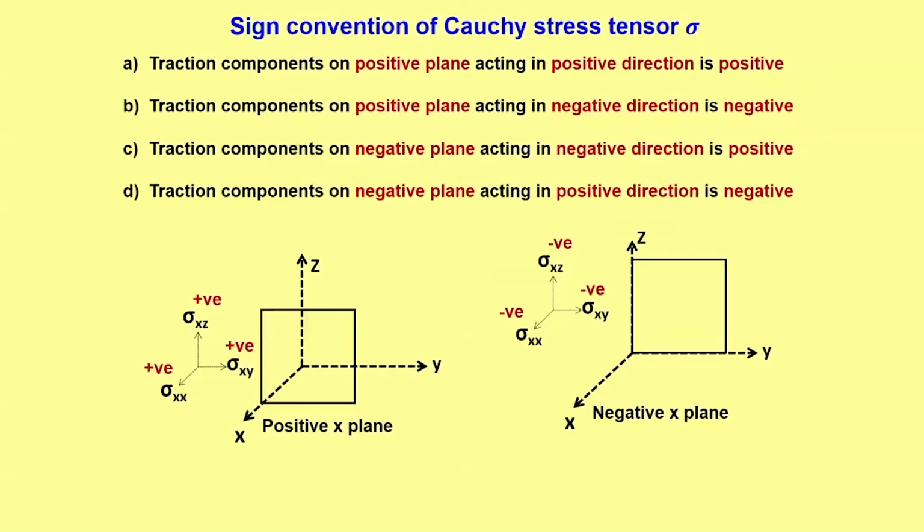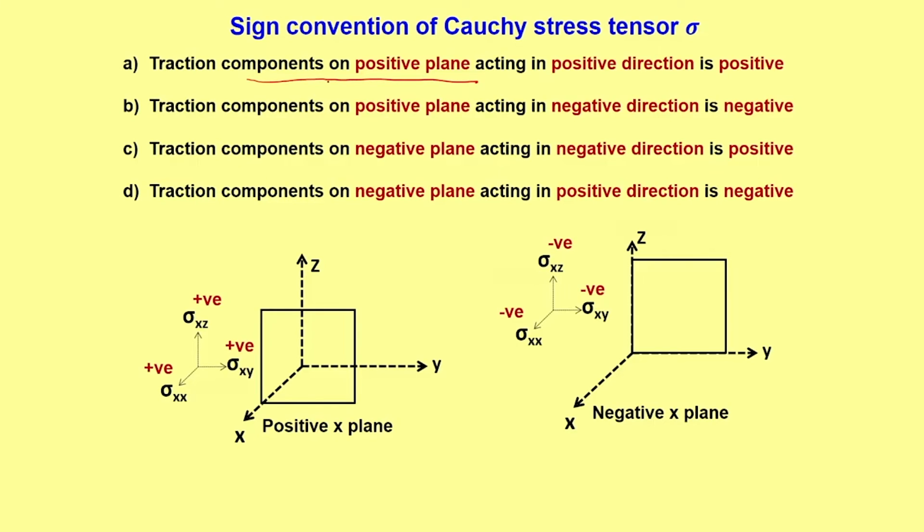Now, having said that, we need to define some sort of sign convention of Cauchy stress tensor. The given sign convention is about the traction components on positive planes. We have already marked what is a positive plane.